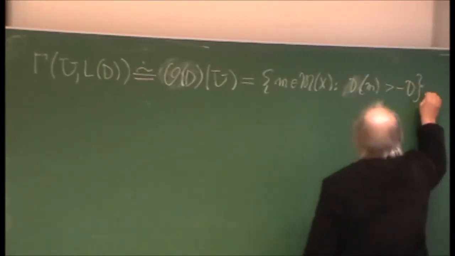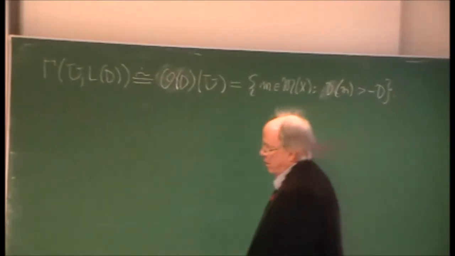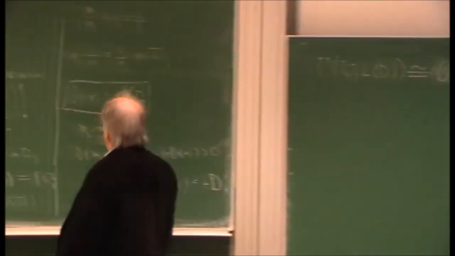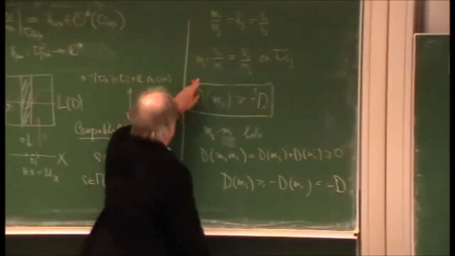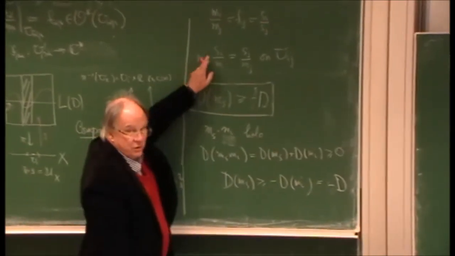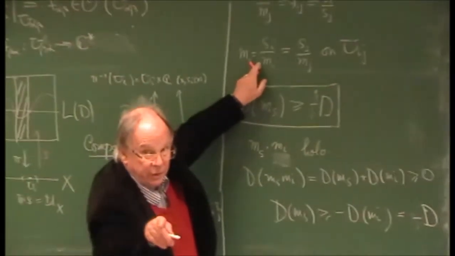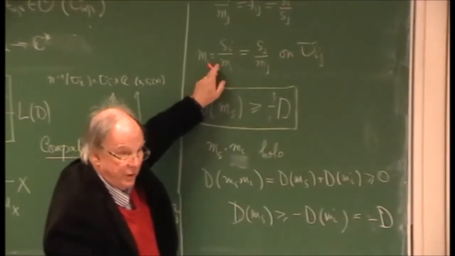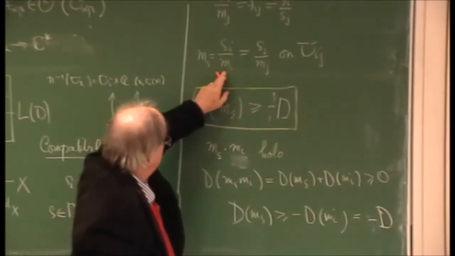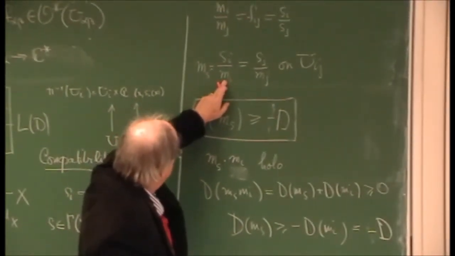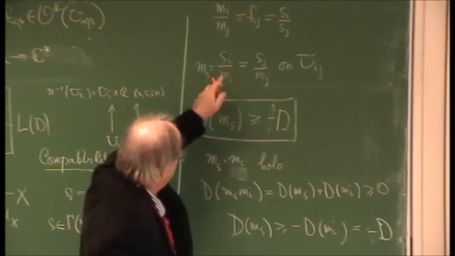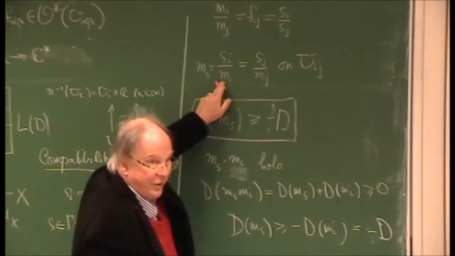Let's go through this. If I have a section, I build a meromorphic function, just like this, a global thing. That's already good. The thing is that I have a new divisor here, not the same one, mi, but one over mi, because I put this on the denominator.